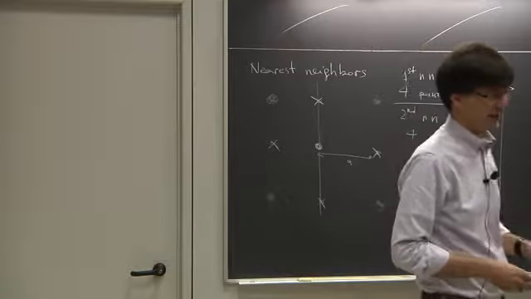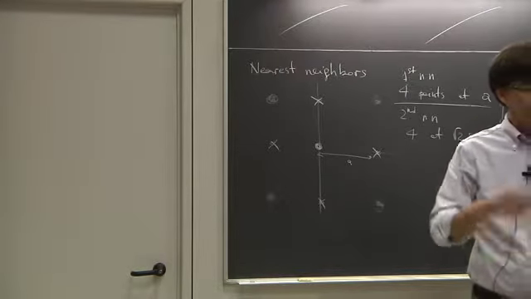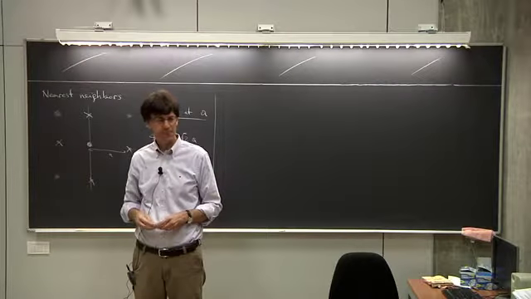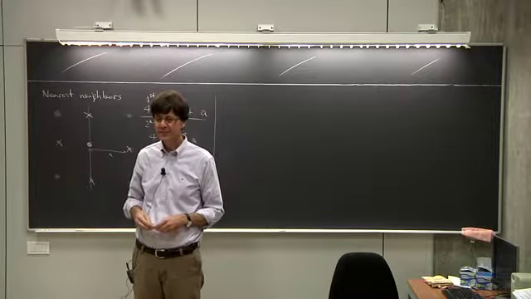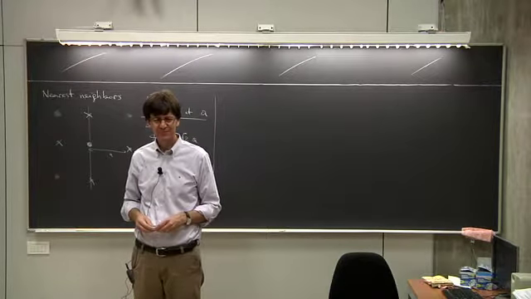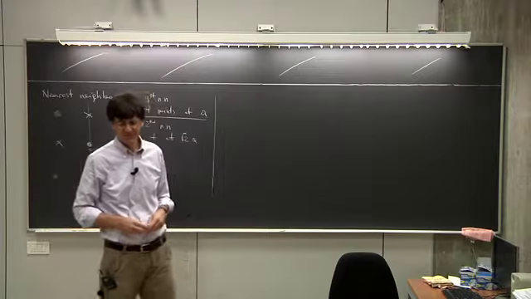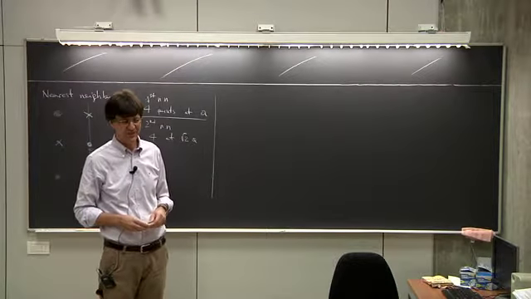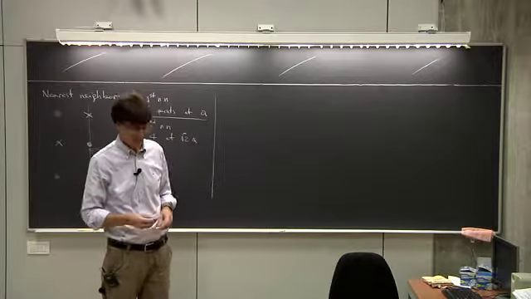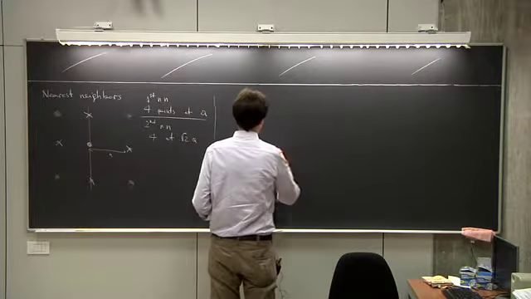Don't ask me to draw it again, it's too complicated. How many second nearest neighbors do we have in a triangular lattice? You sure? Do I need to draw it? Okay, good. All right.